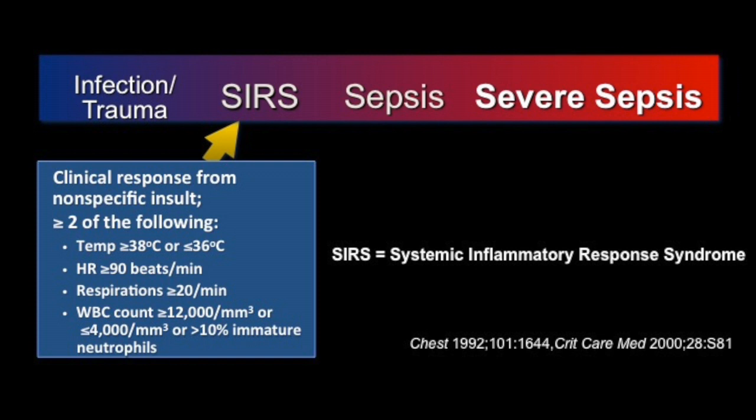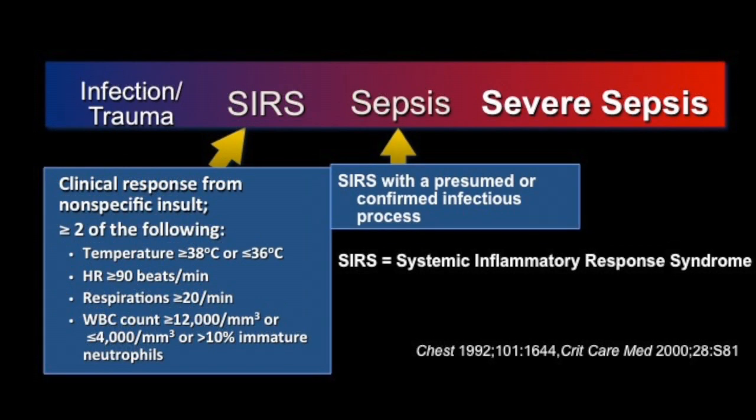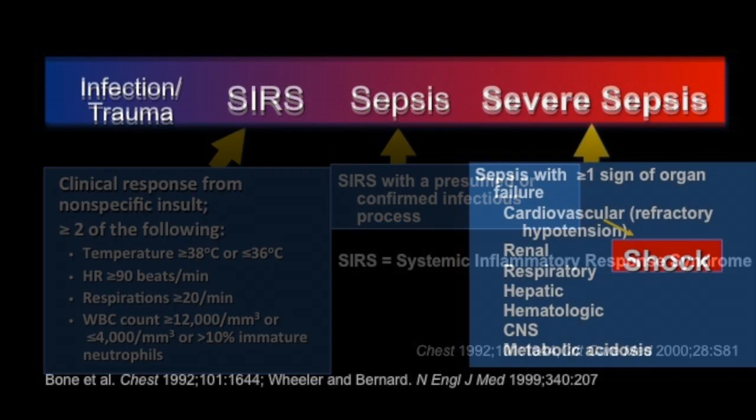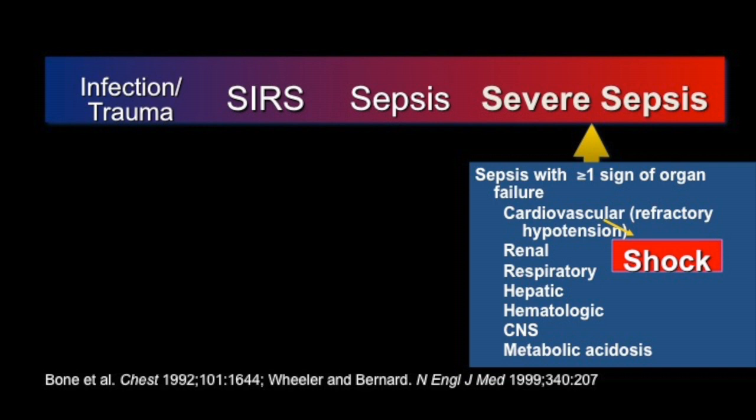That was the SIRS criteria, systemic inflammatory response syndrome. It was sepsis if you came up with a presumed or confirmed infectious process, and it was severe sepsis if you had organ dysfunction. It was septic shock if you couldn't keep the patient's blood pressure up. You guys all heard of this, right?